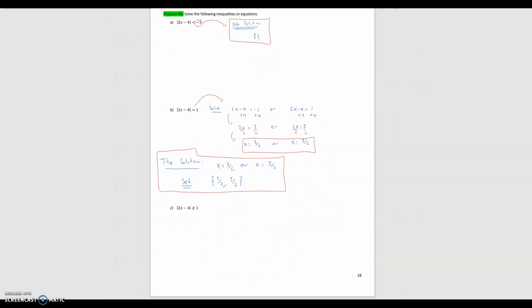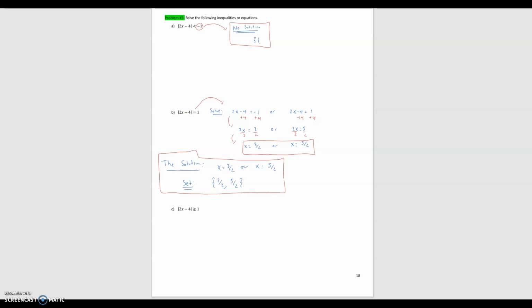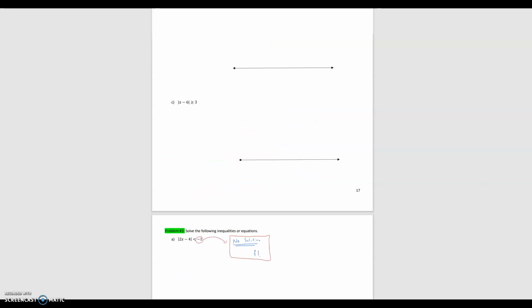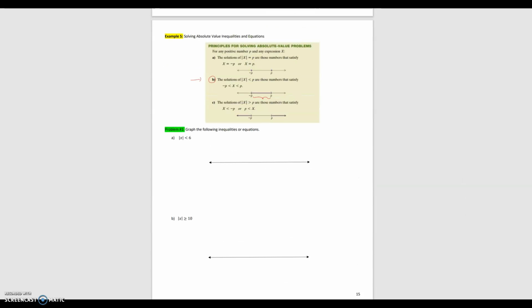Now let's take a look at part C. And in part C, it's one of those greater than a number. Because it says a positive value, we are going to use the formula and technically solve two inequalities. One of them is going to say x is less than negative p, and the other one, x is greater than p.